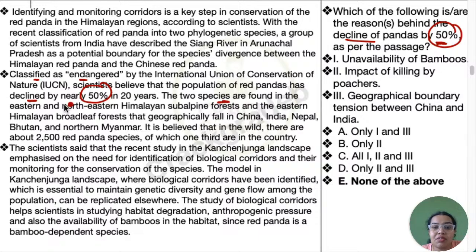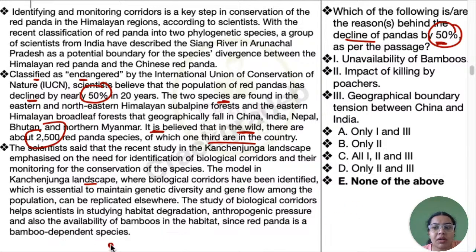Two species are found in eastern, northeastern forest and the other places are there. It is believed that in the wild there are so many pandas and of which one third are in the country. Now again the scientists are saying something about the landscape and all. There is the model in the Kanchenjunga landscape where such places an identification can be done.